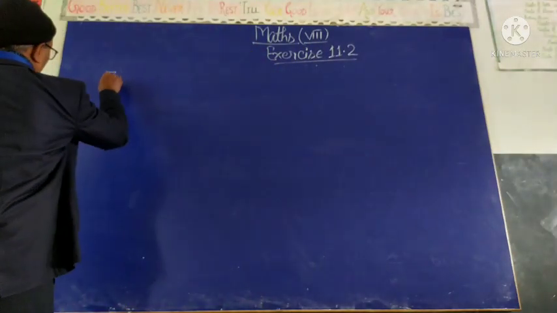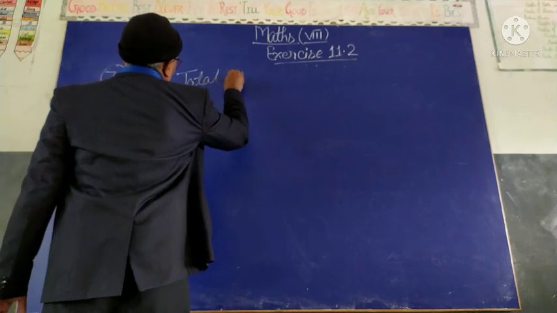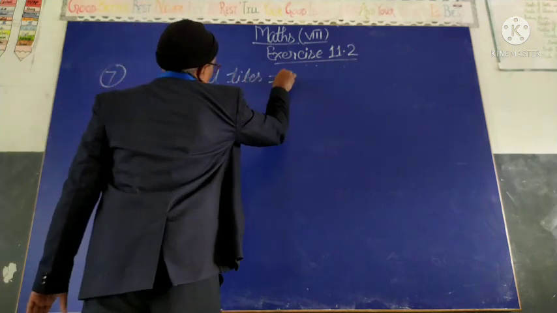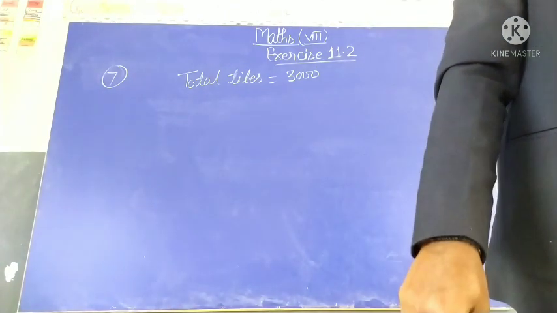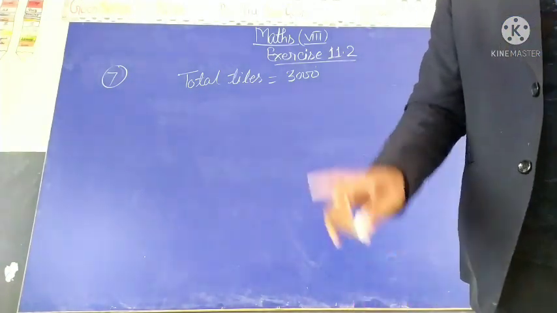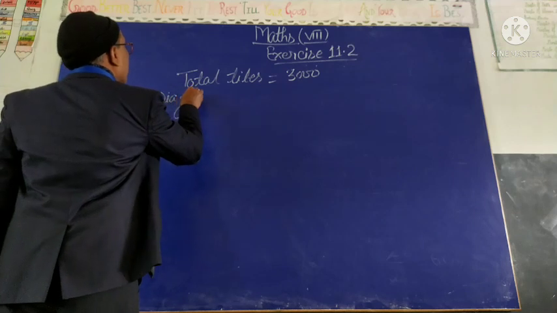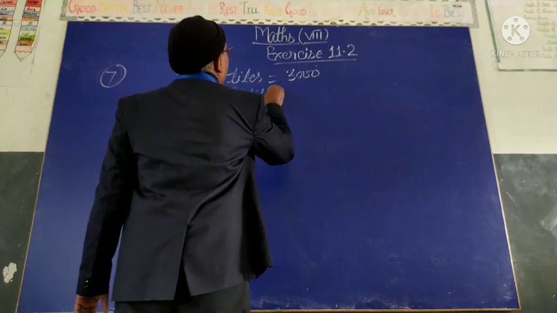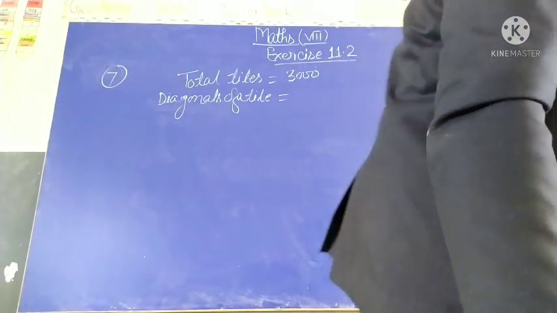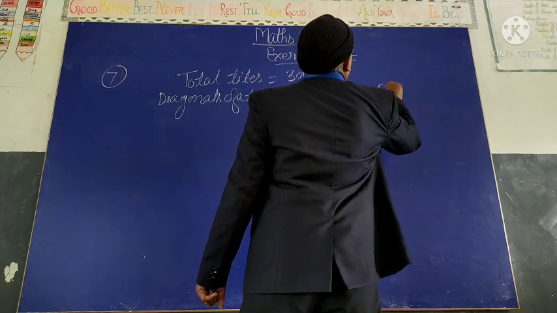Question number 7. Here is given total tiles, total tiles is equal to 3000, and one tile's diagonals are 45 centimeter and 30 centimeter.